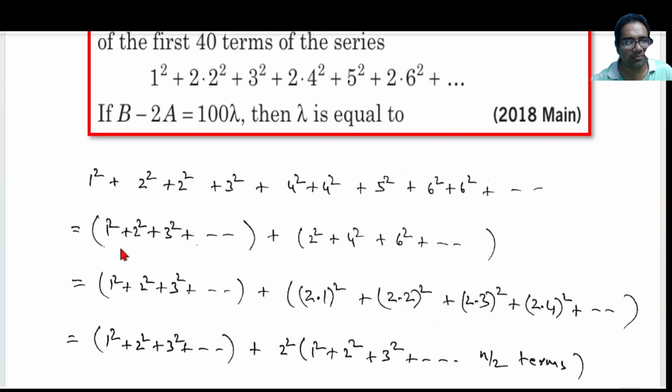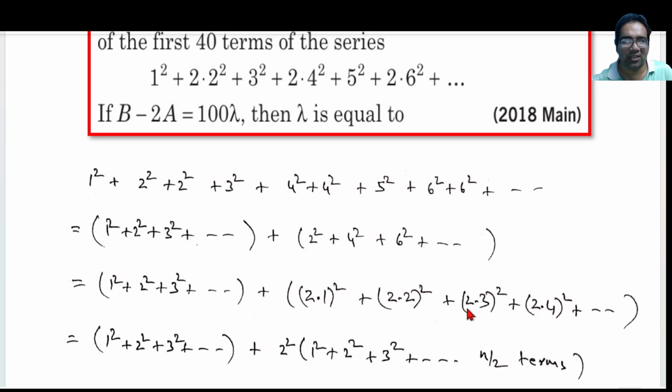Now for the first part, let it be 1 square plus 2 square plus 3 square like this. The second part we can look at as 2 square is 2 into 1 whole square, 4 square is 2 into 2 whole square, 6 square is 2 into 3 whole square, likewise. So everywhere there is 2 square: 2 square into 1 square, 2 square into 2 square, 2 square into 3 square.